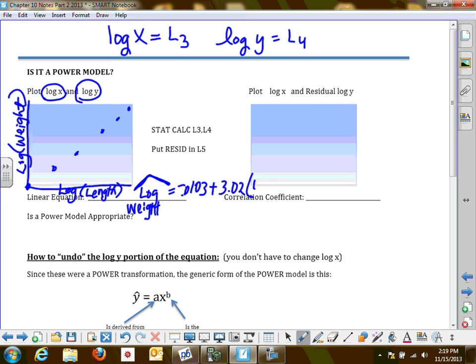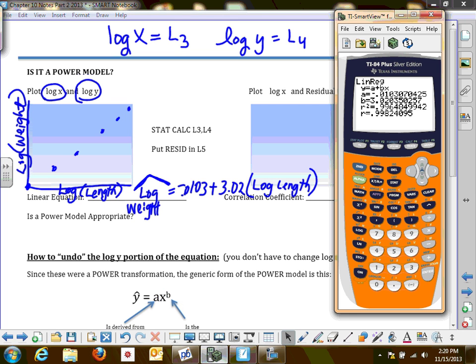It is the log of length, not just plain length. It's the condensed length. All right, very good. So, it looks like it has great potential. Let's confirm in the residual plot. By the way, the R value was 0.998. When we looked at that information in our calculator, we had our correlation coefficient, 0.998.